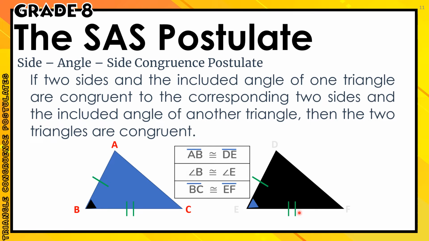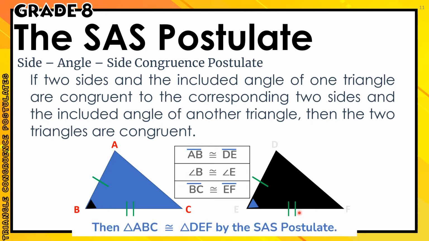So we can tell that triangle ABC is congruent to triangle DEF by SAS postulate because we have two sides na may markings, the single and the double lines, at itong ating angles. So by just simply looking on the markings, we can actually tell what postulate is being used. So let's have the third one.